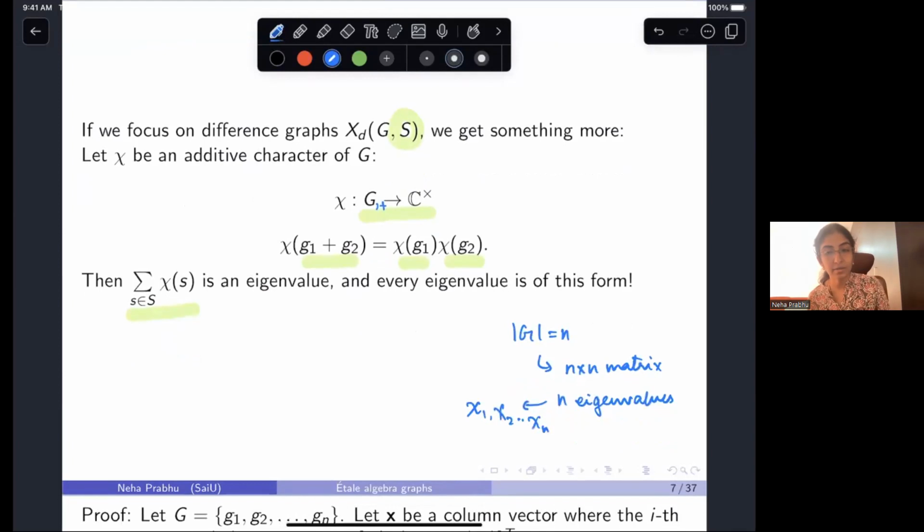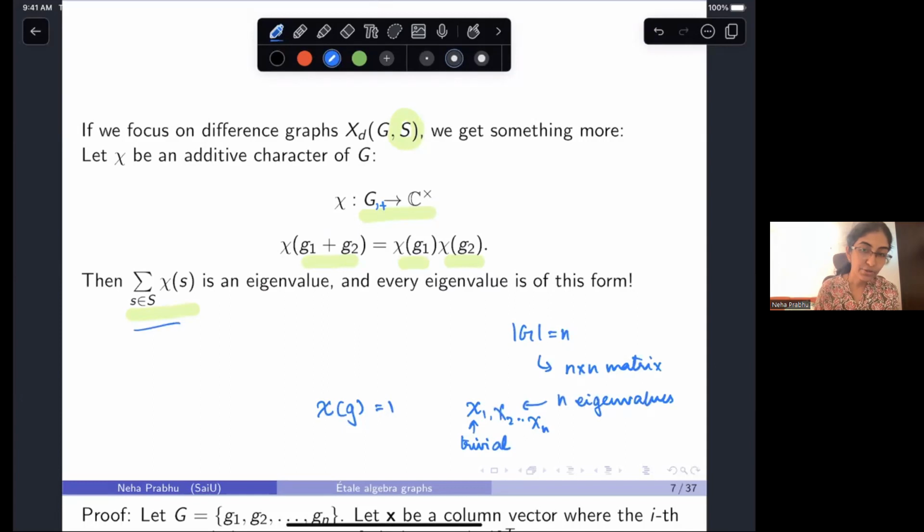These will be the distinct characters of G. Maybe this will be the trivial one, where chi of G is just 1 for all G. But then you have others, which will be going to roots of unity. Because it's a finite group, you know that G to the n will be 1 at some point, so you need the image also to satisfy that condition. Even if you've not seen characters before, that's fine. If you just treat it as a homomorphism, and knowing that finite groups have as many characters as the size of the group, it's easy to see that you're only looking for n eigenvalues, and it's actually given in this form.